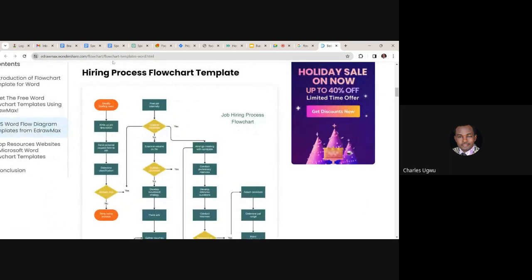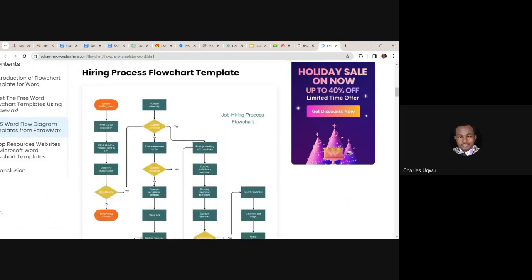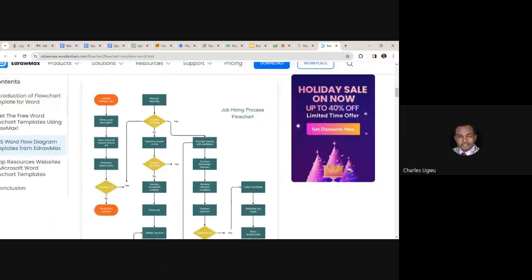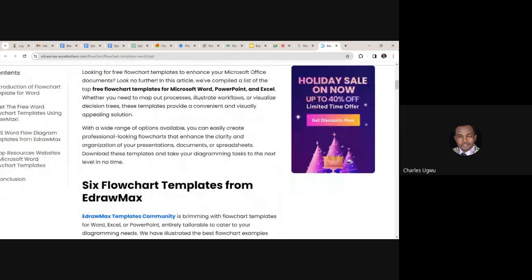If you look at it, it says identify staffing need, write up job description. We are not going to go through this now because it's not time for this, but I just want to quickly show you how a process flow or a flow chart looks like.